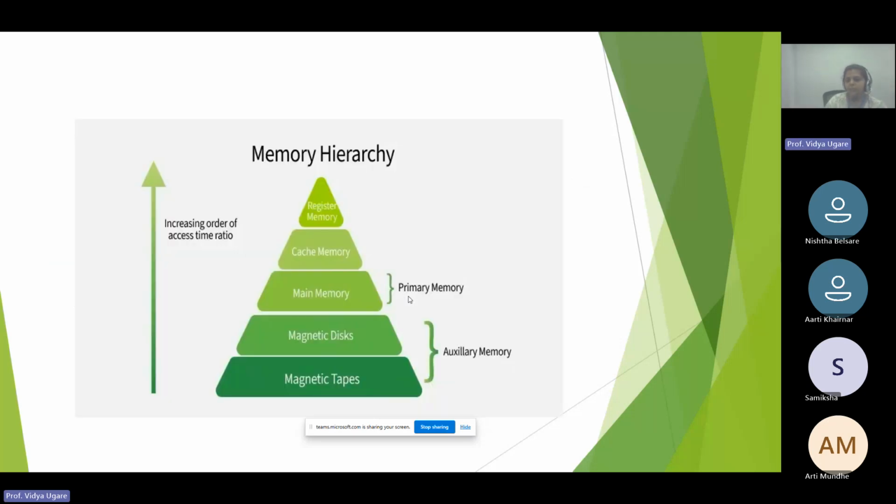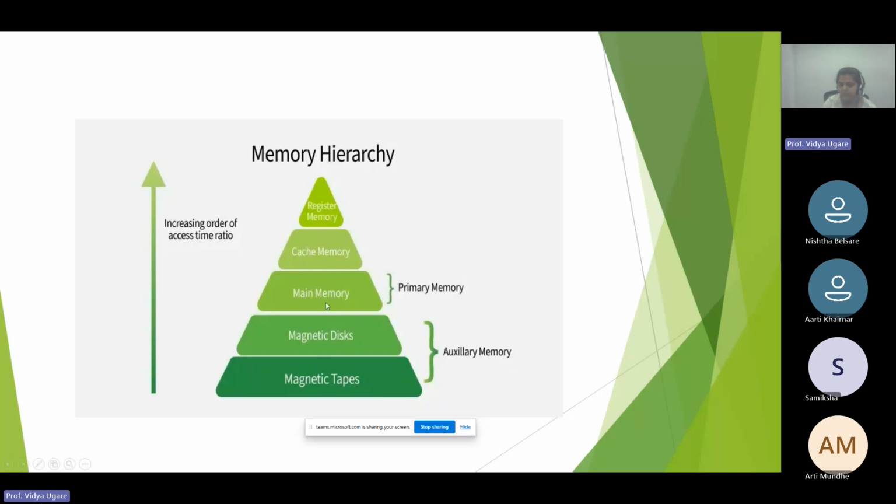Now this is how the memory hierarchy is. First and foremost comes the register. Registers are very fast in processing but have a limited space. Cache memory is second in the memory organization, which is faster than main memory, but the capacity of cache memory is more than the register.